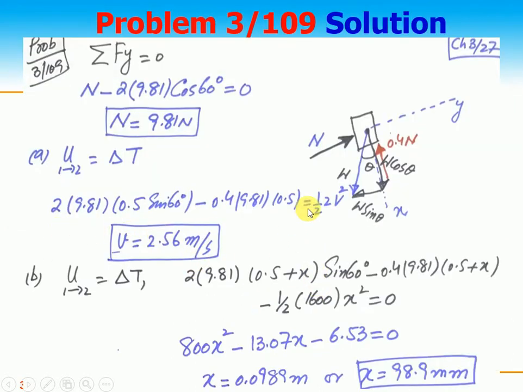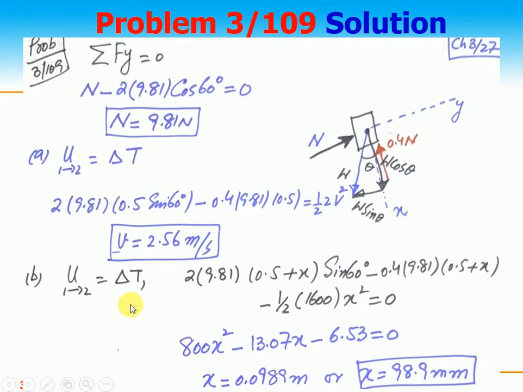This is the work done, which is converted into kinetic energy, half mv squared. m is the mass of 2 kg. Here the only unknown is velocity. The slider strikes the spring with a velocity of 2.56 meters per second.